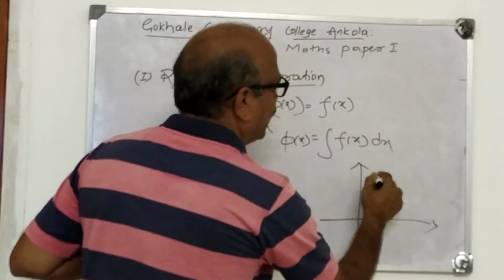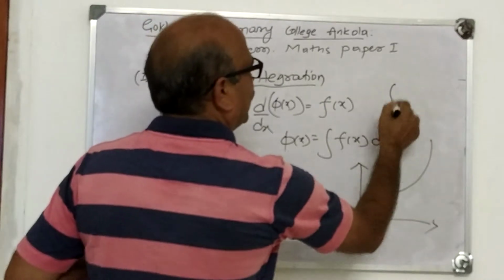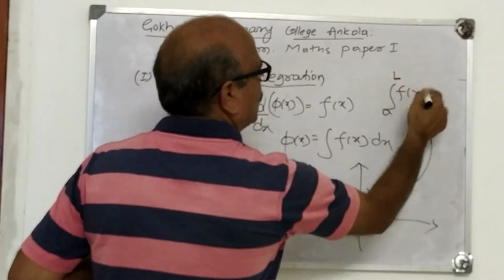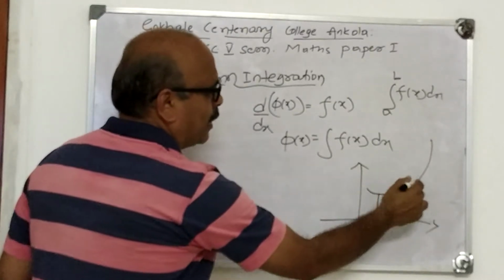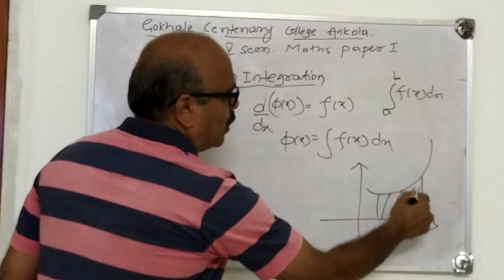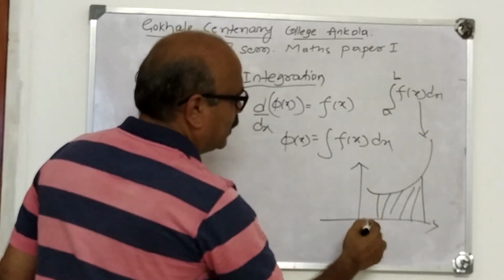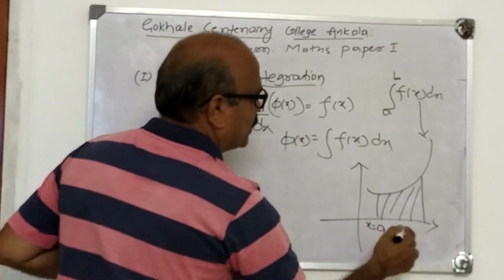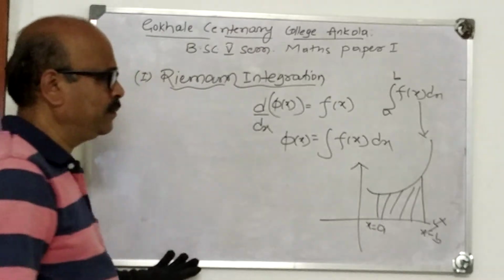Actually, the definite integral was invented first. And the definite integral from a to b of f of x dx represents area. What type of area? The area bounded by the curve whose equation is y equal to f of x, the 2 ordinates x equal to a, x equal to b, and the x axis.